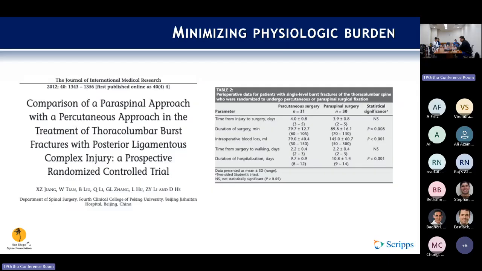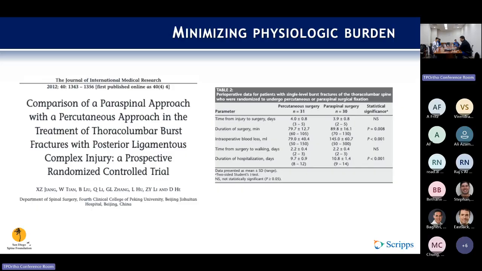This study compared two minimally invasive techniques treating thoracolumbar burst fractures with posterior ligamentous complex injuries: posterior pedicle screw rod fixation, percutaneous, and then the paraspinal fluoroscopically guided pedicle screw rod fixation.